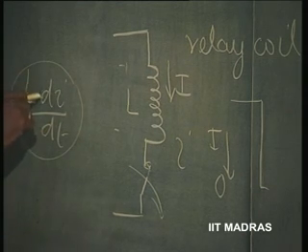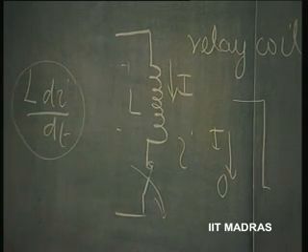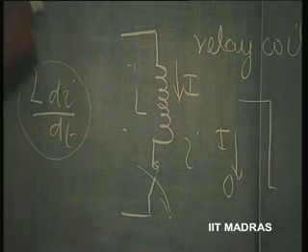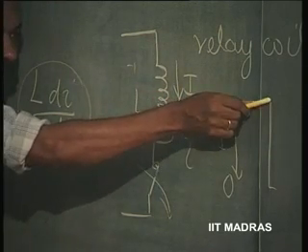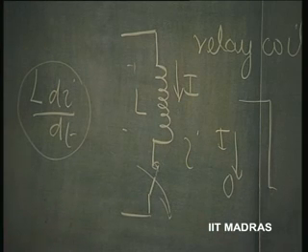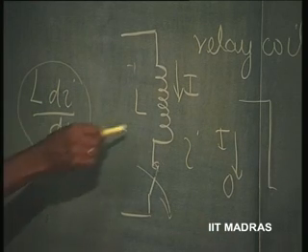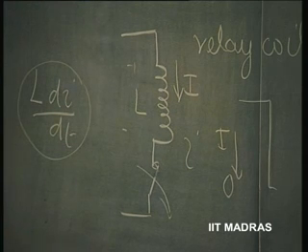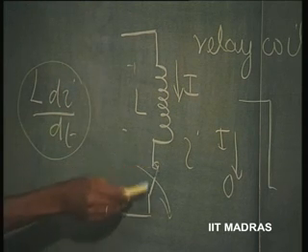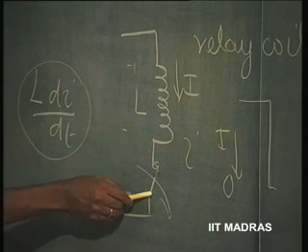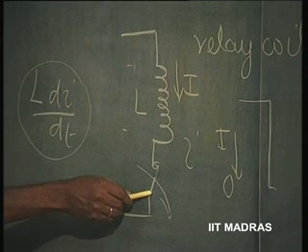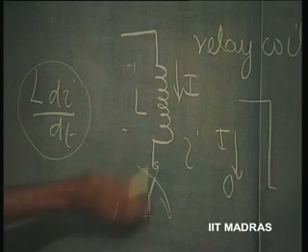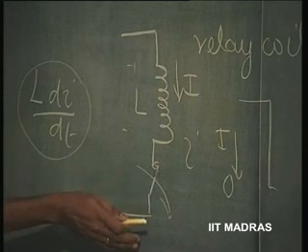If you force it to 0, di by dt is enormous. It is changing suddenly from a finite value to 0. So, the induced voltage across the inductor suddenly goes to a very high value. Then the voltage across the open switch goes to that higher value, and it just breaks down. There is arcing here.